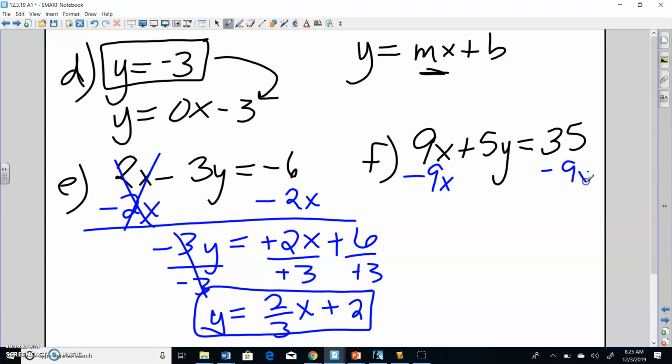Okay. So that gives us 5y equals a negative 9x plus 35.